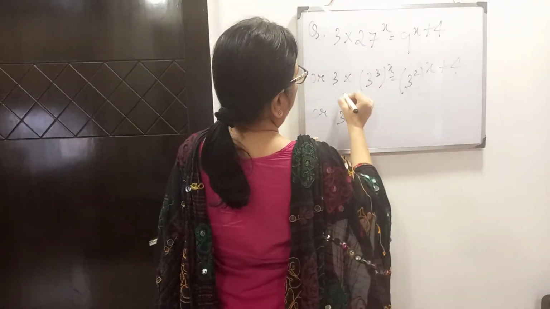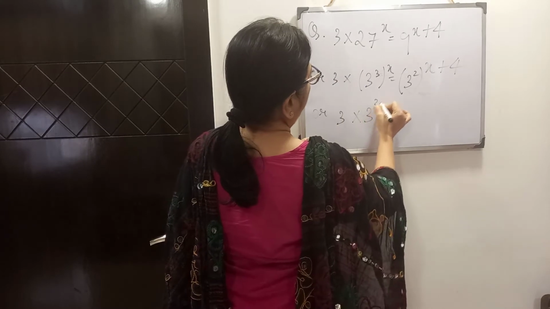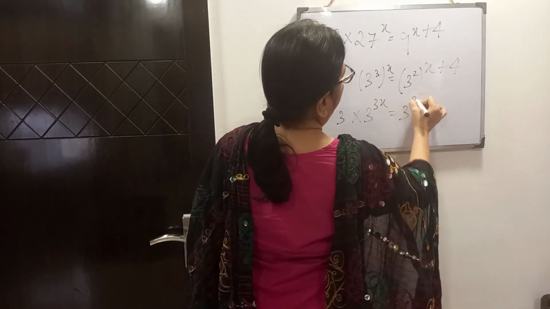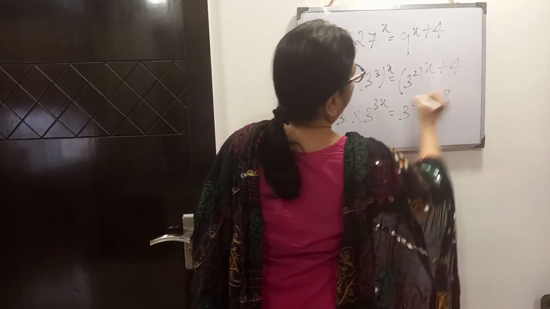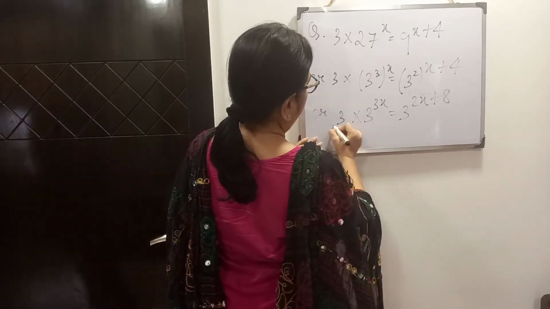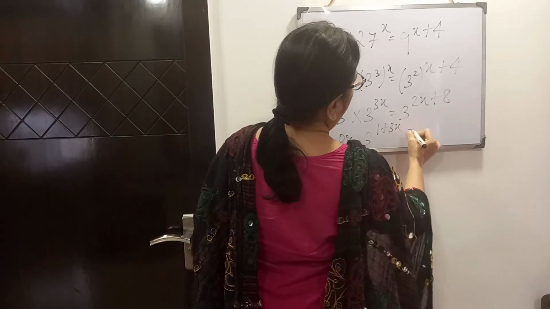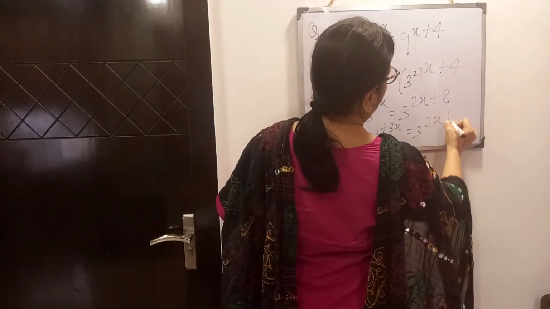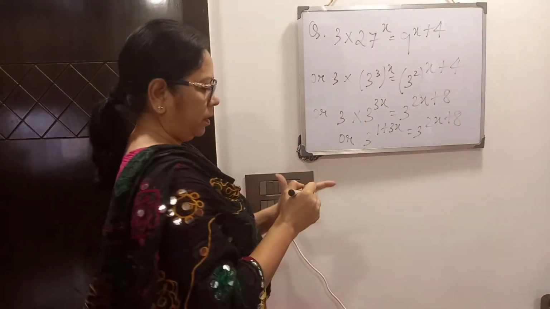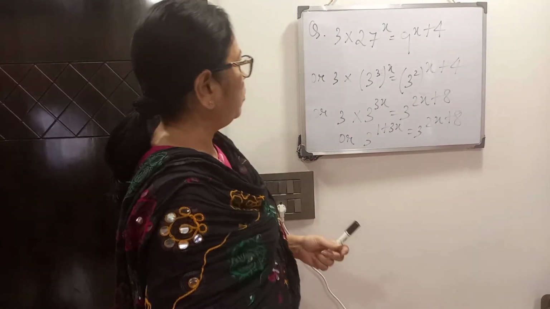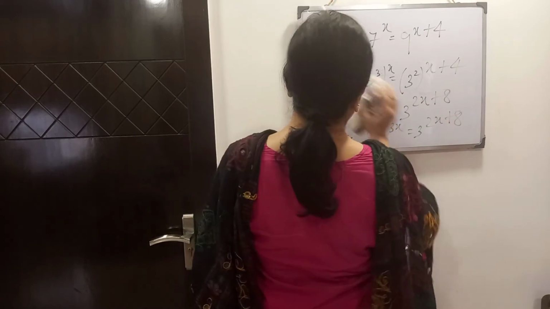There is nothing means power is 1. Now open the bracket. Then this is multiplication, so you will add the power. Clear? Now what to do? We have to find out the value of x from here.